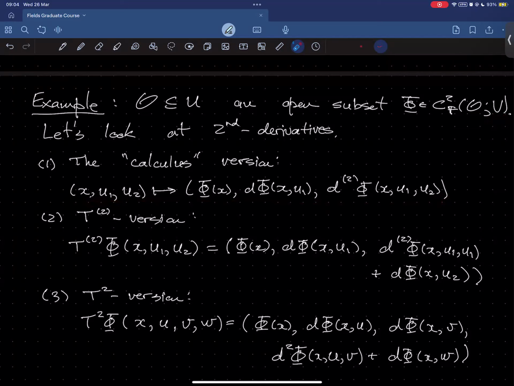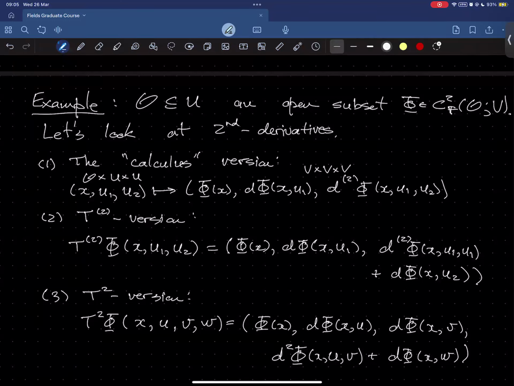It takes a point in O cross U, and maps it to a point in V cross V cross V.